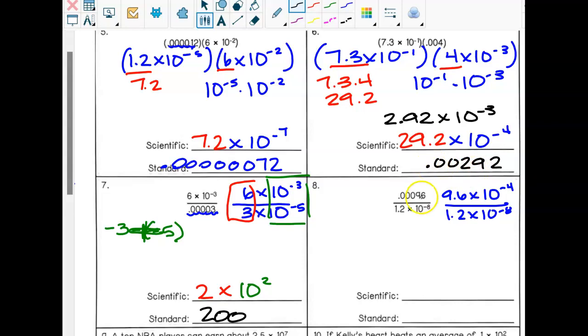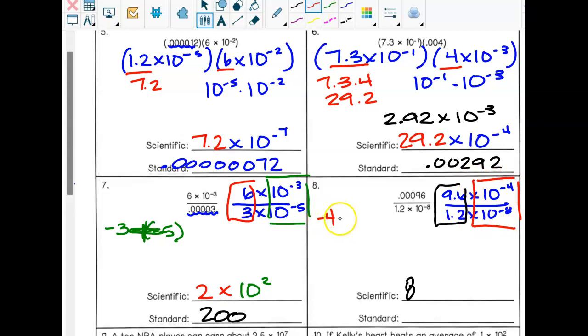Okay, for 8, I rewrote the numerator in scientific notation. So that becomes 9.6 times 10 to the negative 4th. And then I'm just going to worry about the numbers first. So I'm going to take 9.6 and divide by 1.2. So 9.6 divided by 1.2 is going to be 8. And then 10 to the negative 4th divided by 10 to the negative 8th.